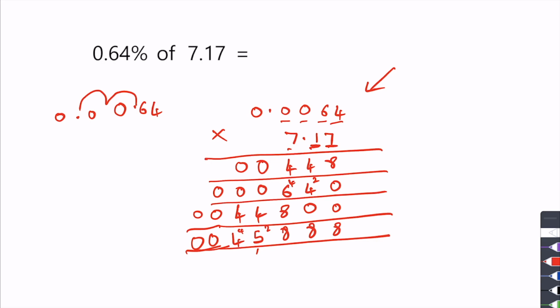So we go back by 6 digits, 1, 2, 3, 4, 5, 6, and the answer is 0.045888.